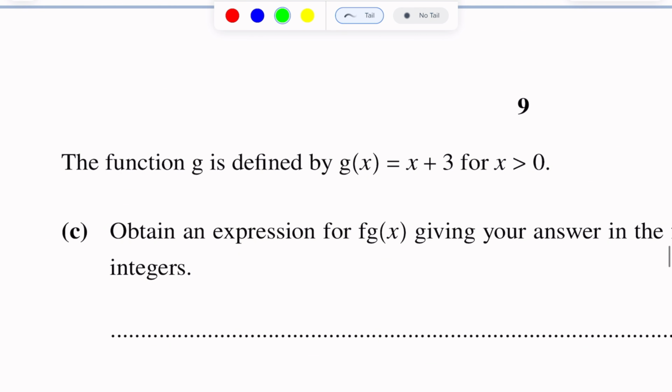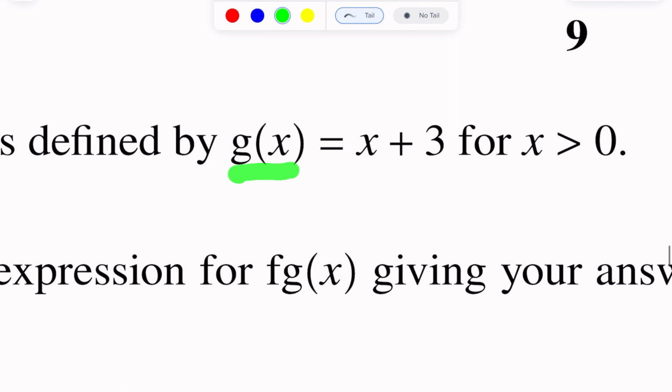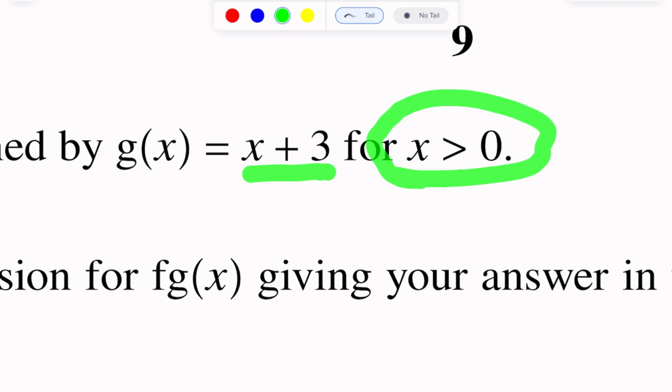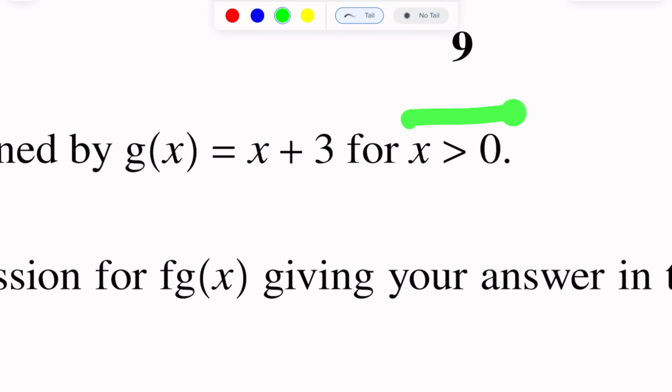Now next part C. The function g is defined by g(x) = x + 3. This is another function g(x), for x > 0. This is the domain of g(x).